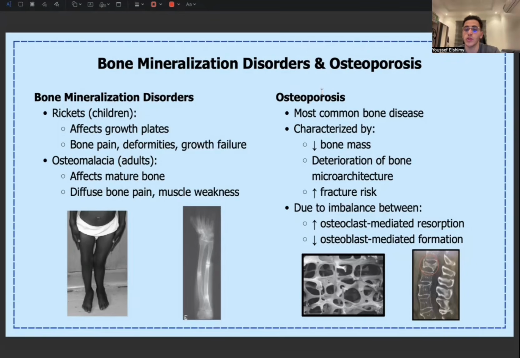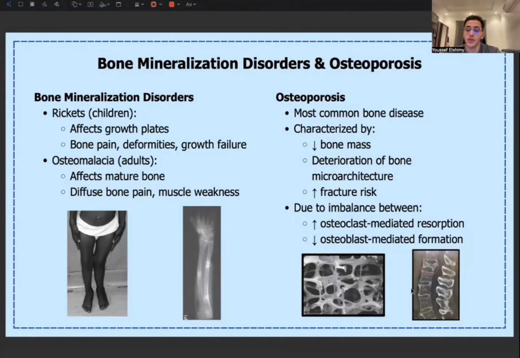Then moving on to osteoporosis. It is actually the most common bone disease. It is characterized by decreased bone mass. And what was the cutoff? It's negative 2.5 or less. So what happens is that there's deterioration of the microarchitecture. The bones become porous, they become brittle, easy to be breakable.